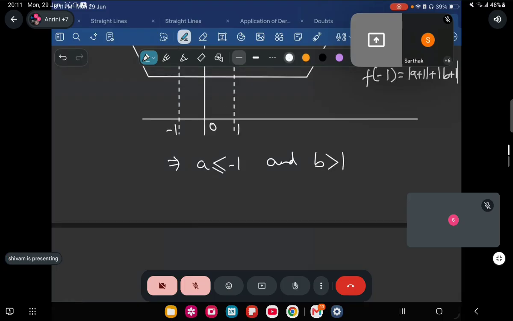For the minimum value, therefore the minimum value of a minus b will be equal to mod of -1 -1, right? Which will give us mod 2. I mean 2 only.